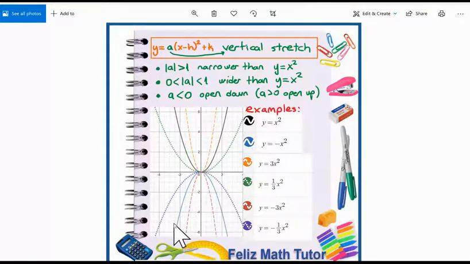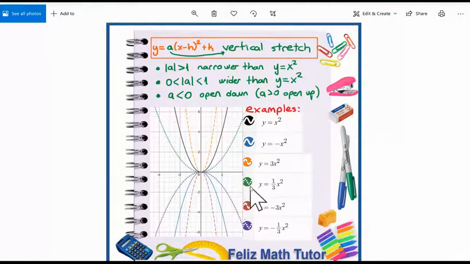In the third example, a is 3, which is bigger than 1, so it is narrower than the original function. My original function was this black one, and my orange function is narrower than the original because 3 is bigger than 1. It says here a is bigger than 1, so it is narrower than y equals x squared.